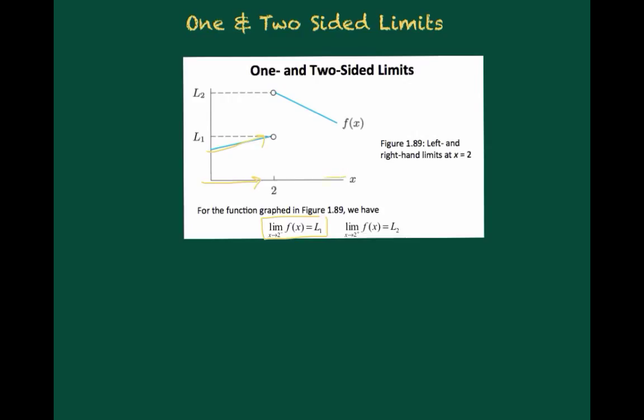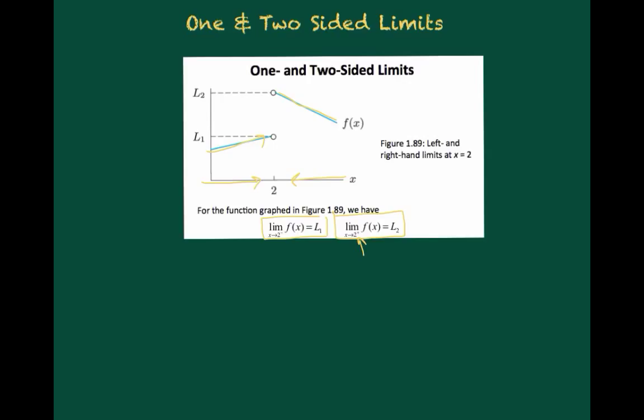Now, as I approach 2 from the other side on the x-axis, the function is going toward a different y value. So the limit as x approaches 2 from the positive side, that's what that little positive sign after the 2 means, equals L2.